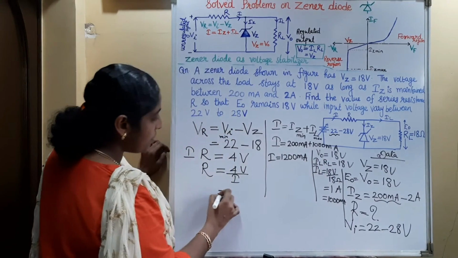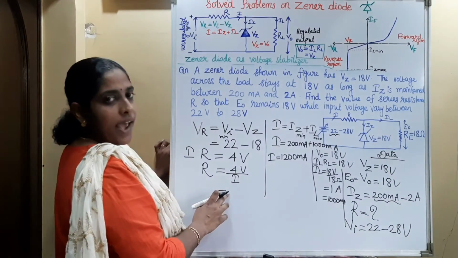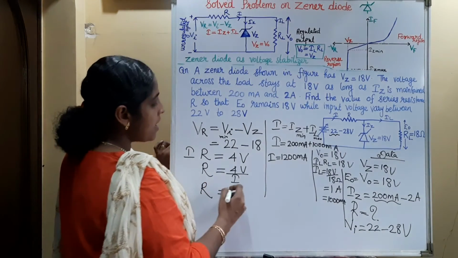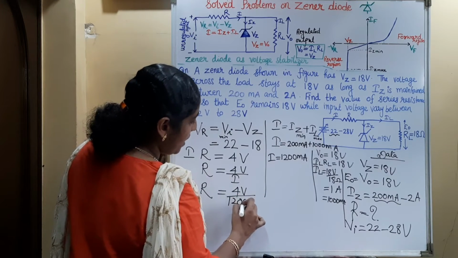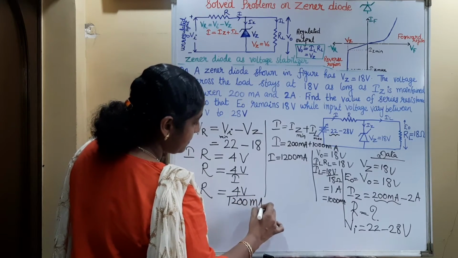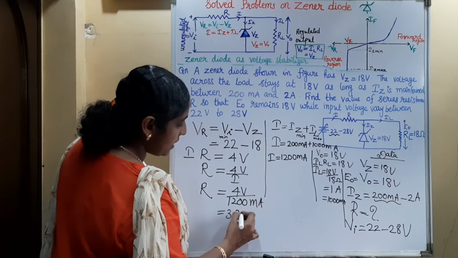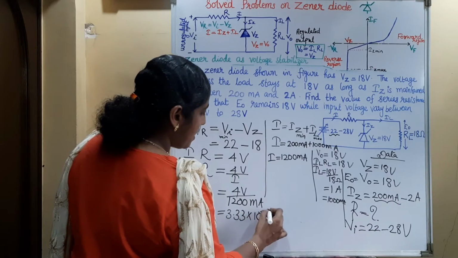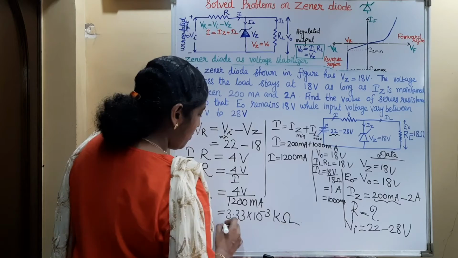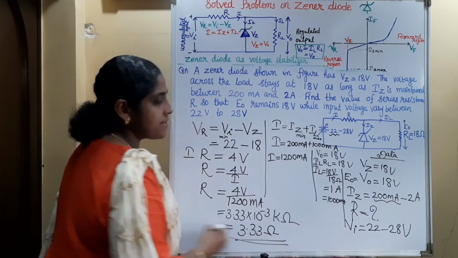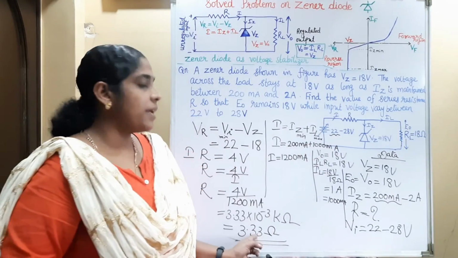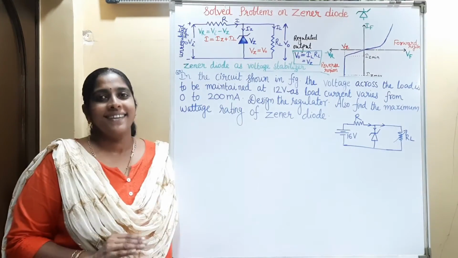So we can substitute that value of current in the expression for series resistance, that is 4 volt divided by 1200 milliampere. That is equal to 3.33 into 10 raised to minus 3 kilo ohm, and that is equal to 3.33 ohm. So the value of series resistor required is 3.33 ohm. Next question.